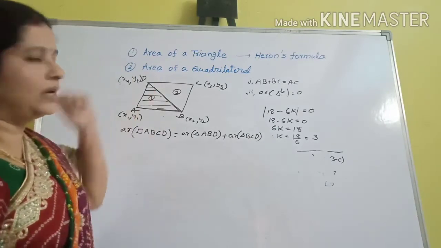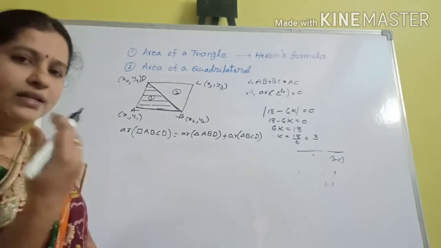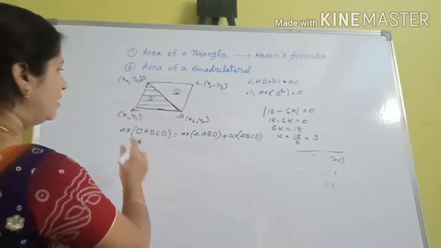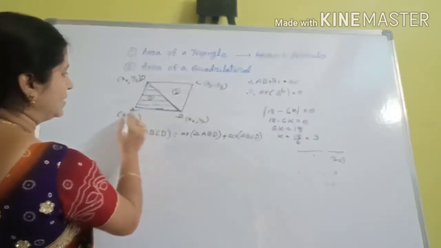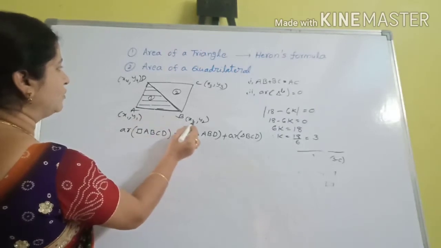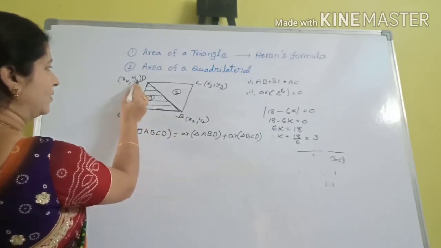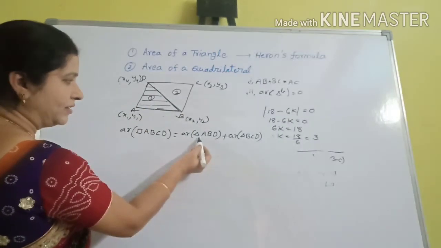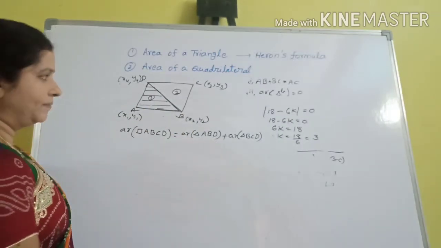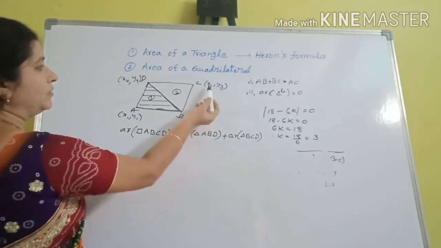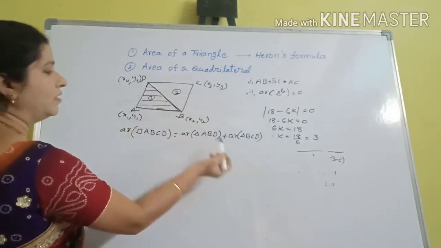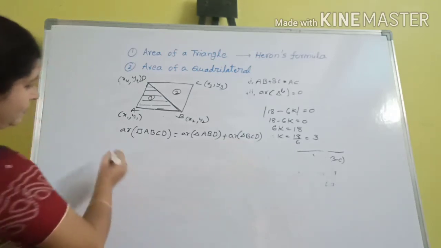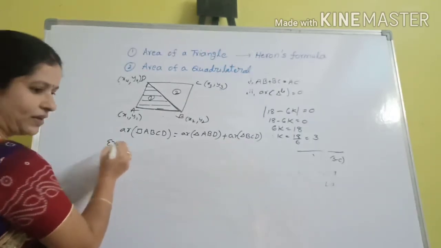So by using only the area of the triangle, you can easily find out the area of a quadrilateral. So here first A x1 y1, B x2 y2 and D x4 y4. By using these three coordinates, first you find the area of triangle ABD. By using x2 y2, x3 y3 and x4 y4, find the area of triangle BCD. So let us see one example for this.